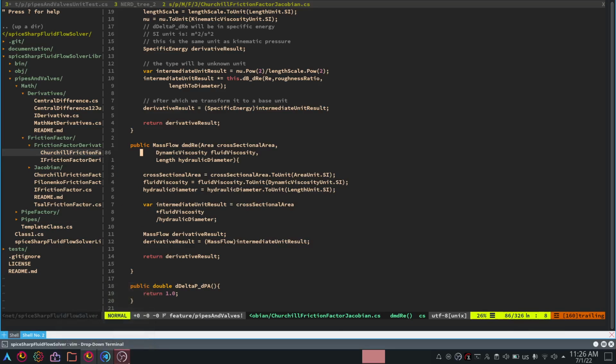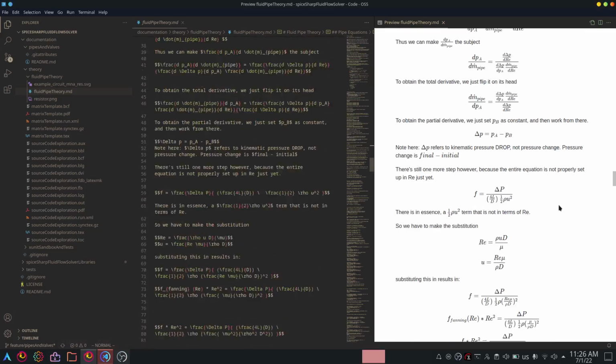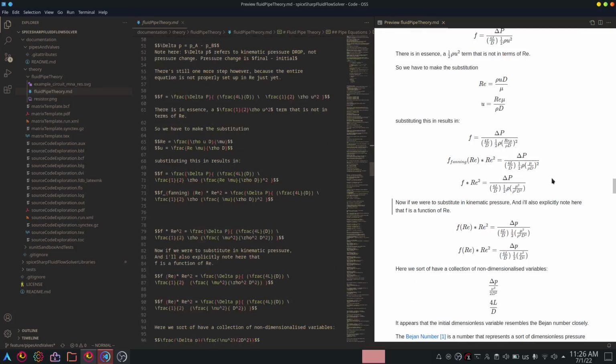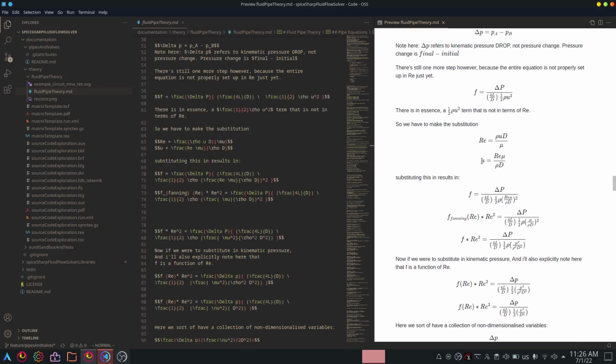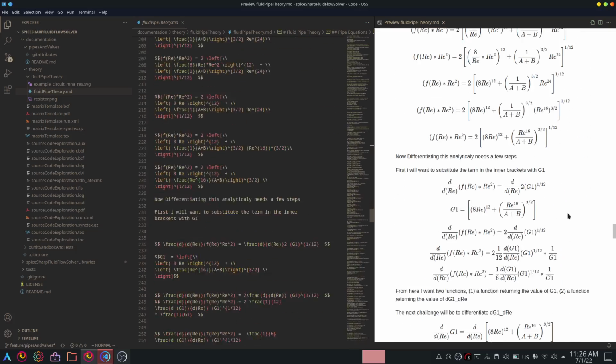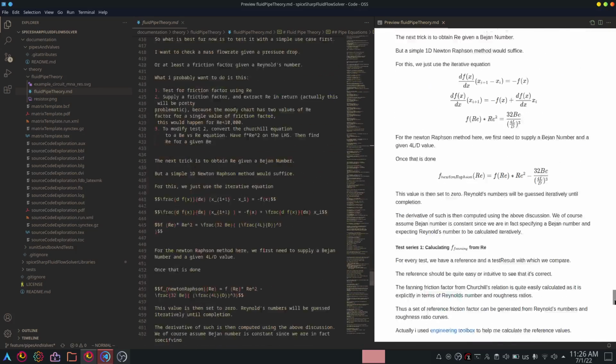So what's the dm/dRe? It's actually pretty simple. If we take a look at the definition of the Reynolds number by mass flow rate, where did I put everything?